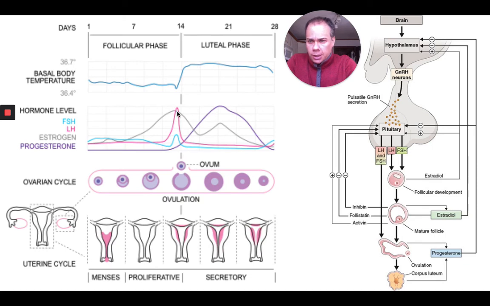FSH and LH and estrogen all sort of peak at the same time, which is the trigger for the release of the egg cell for ovulation. And then progesterone, which maintains the uterine lining, peaks afterwards. And here at the bottom we see the lining of the uterus and how it changes throughout that cycle. Basically, the lining develops through the reproductive cycle and then eventually is shed during the menstrual period.